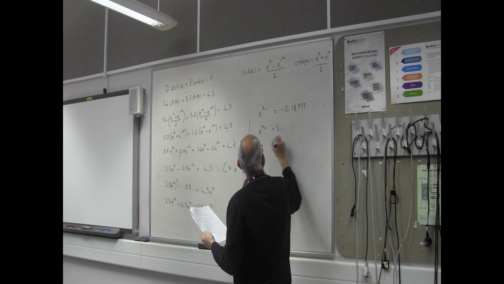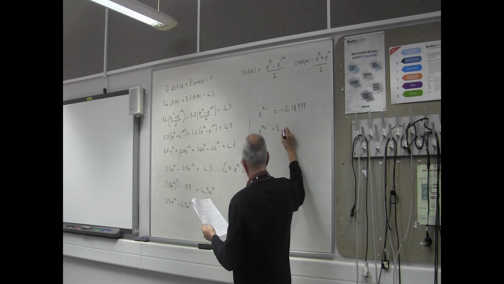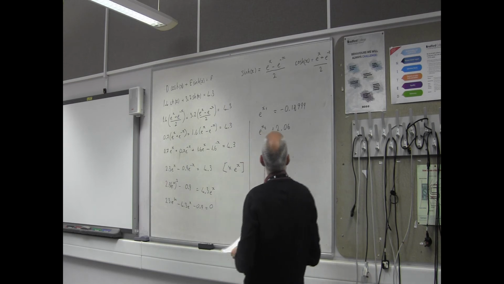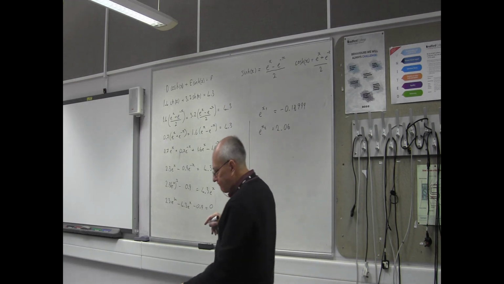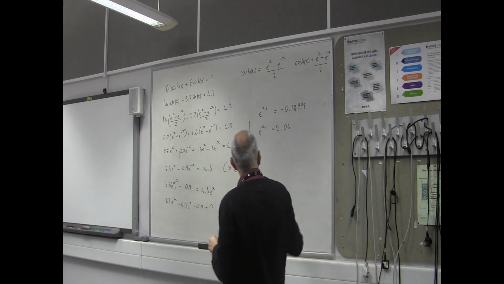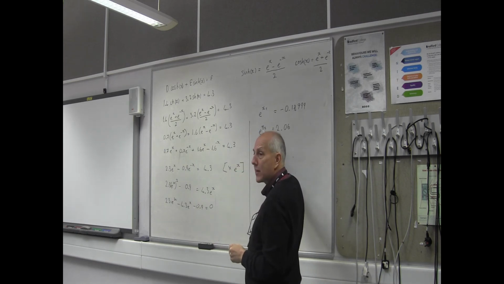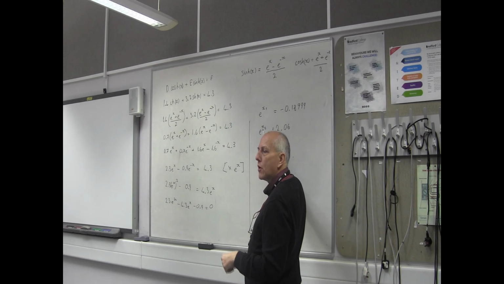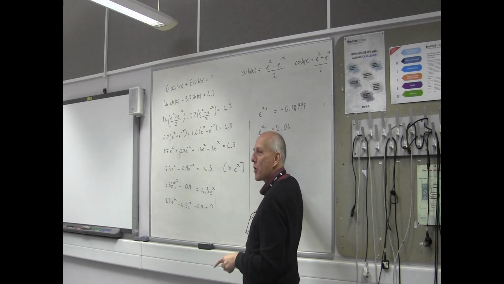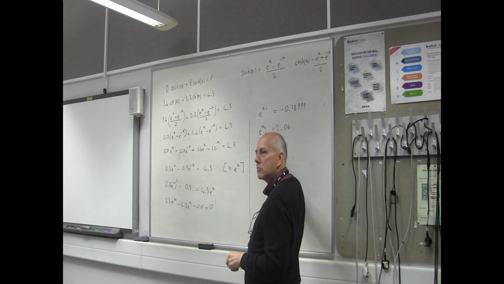So this one is 2.06. So like when we did the sine one, it's not actually the answer to x, it's the answer of e to the x. So we need to find the opposite. What's the opposite to Euler's number, e?